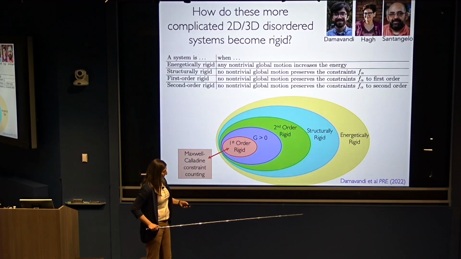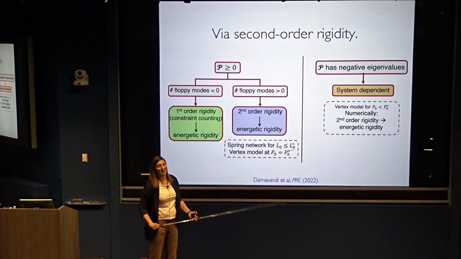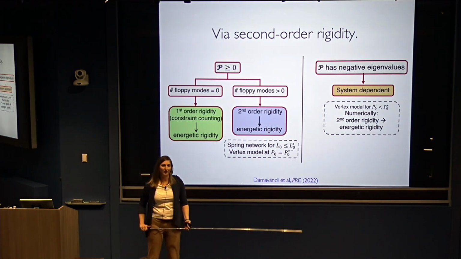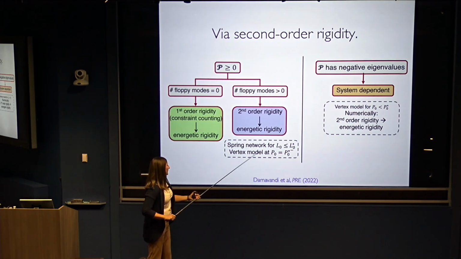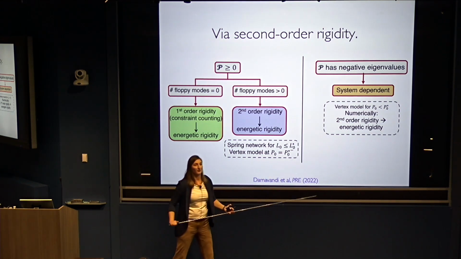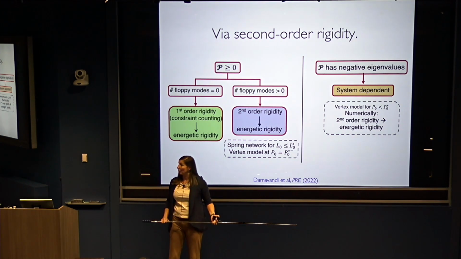I won't go through any of the details in a public lecture, but we proved in this paper, and it's a ton of math, so it's not in a public lecture, that all of the systems I talked about, spring networks, vertex models, different kinds of vertex models, they all do become rigid precisely due to second order rigidity.